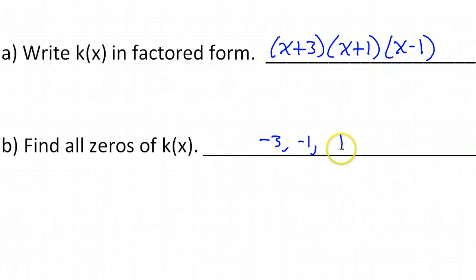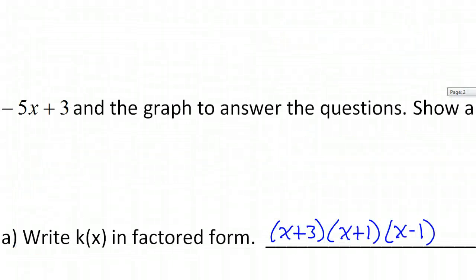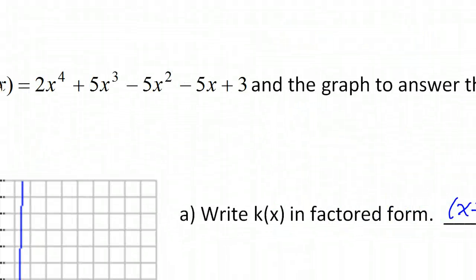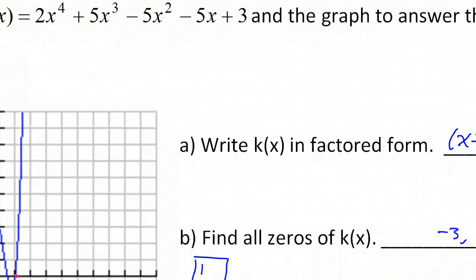So I'm going to start with 1 just because that's an easy number to use. Okay, so the coefficients are, alright, we've got 2, 5, -5, another -5, and 3.